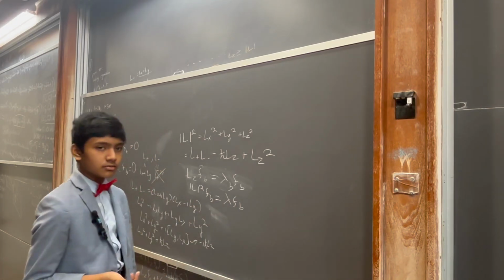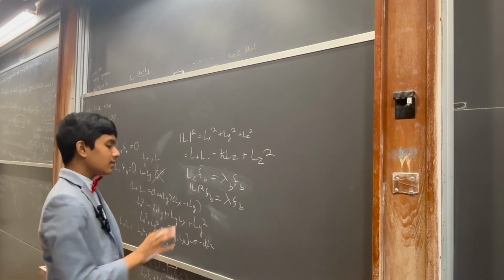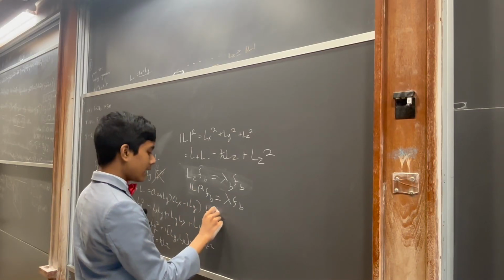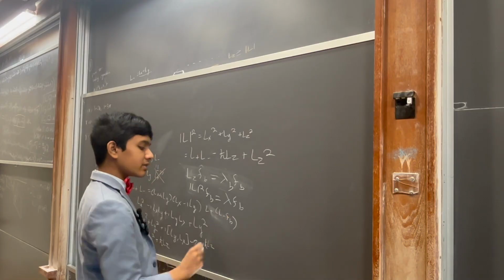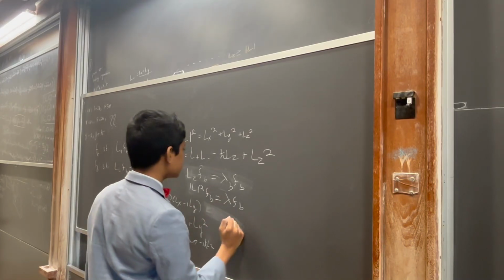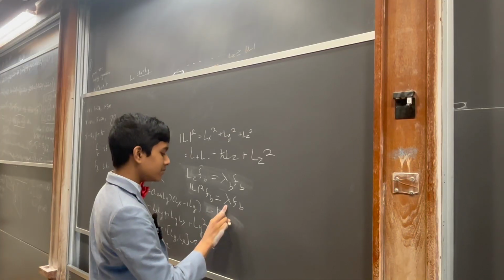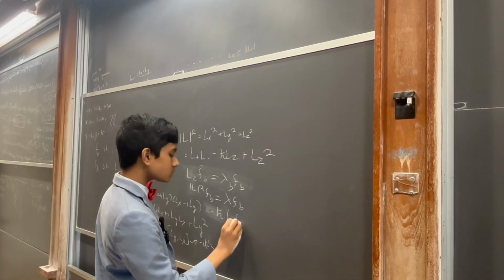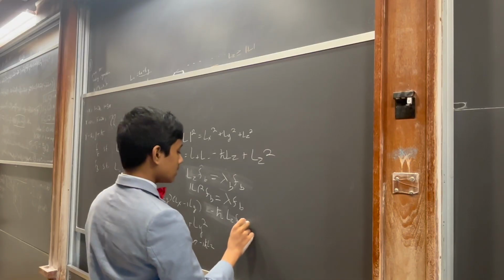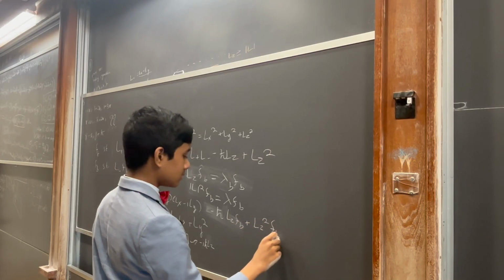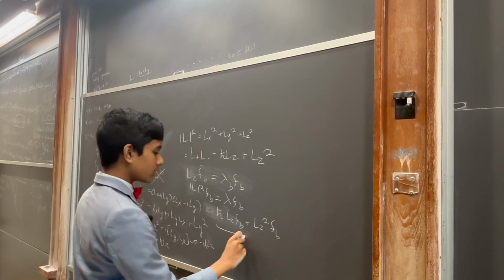So what does this give you? An eventuality. Well, when we expand this out, we get L plus L minus fb. There's nothing under fb, which means that term goes to 0, minus H bar Lz fb plus Lz squared fb. This is all that we're left with.